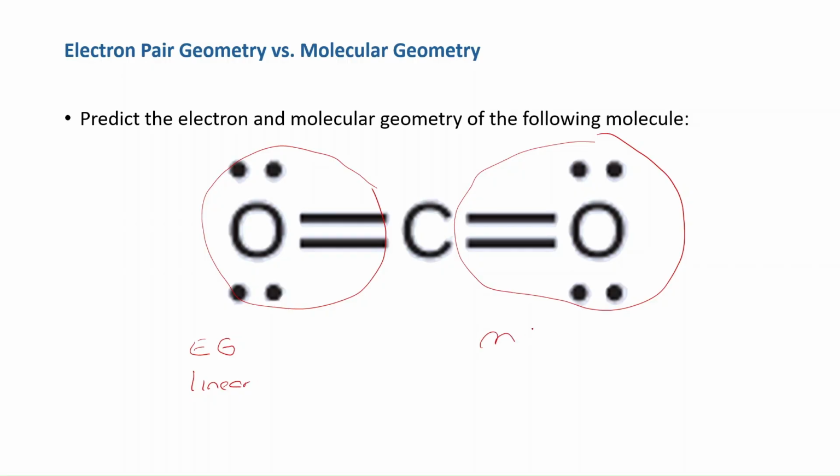For the molecular geometry, whenever there are no lone pairs on the central atom, molecular geometry is the same as the electron geometry, so it's going to be linear. No problem. So just count. Now remember that it doesn't matter whether it's a lone pair or a single bond or a double bond. They all count as one area of electron density. Okay?